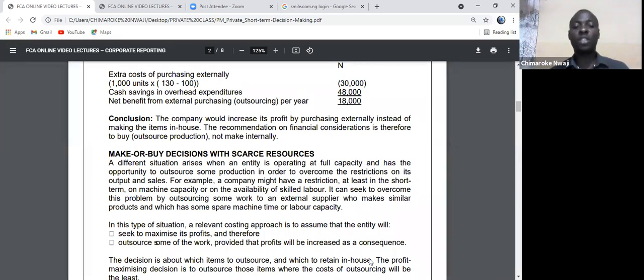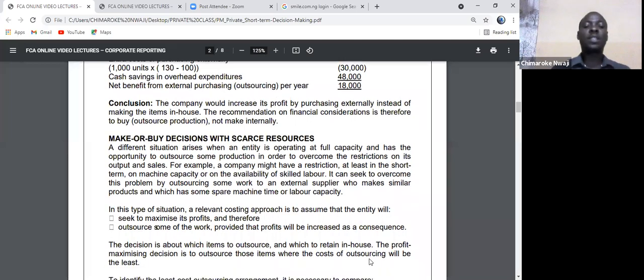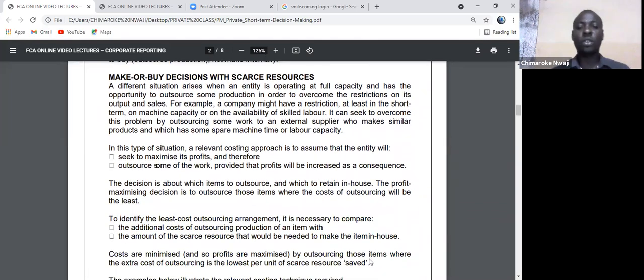In this type of situation, a relevant costing approach is to assume that the entity will seek to maximize its profits and therefore outsource some of the work, provided that profits will be increased as a consequence. The decision is about which items to outsource and which items to retain in-house. The profit maximizing decision is to outsource those items where the cost of outsourcing will be the least.